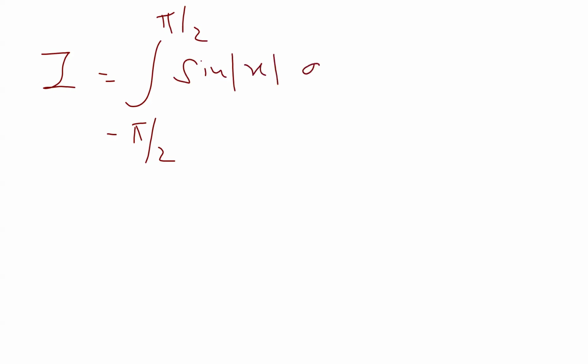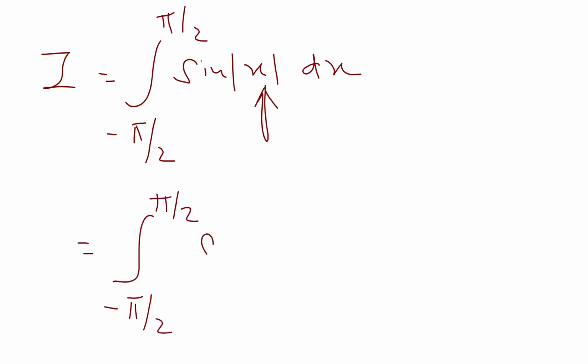Sine of modulus of x dx. Now see, modulus of x inside, whatever value x is there, it can be positive or negative. Okay, so minus pi by 2 to pi by 2 sine of positive or negative x dx.